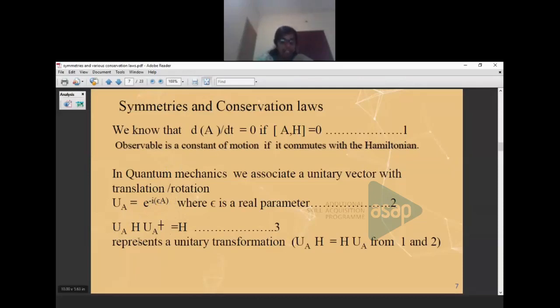Once you get this U_A equal to 1 minus iεA from 1 and 2, expand and use AH is equal to HA. When you substitute here, U_A H U_A dagger becomes U_A U_A dagger H, and U_A U_A dagger is 1 from unitary transformation, so H is equal to H, and it represents a unitary transformation.